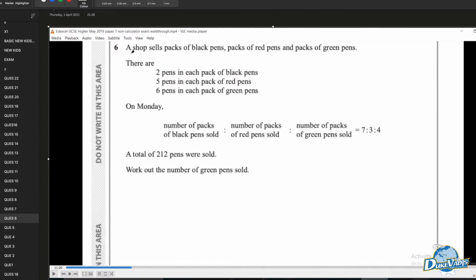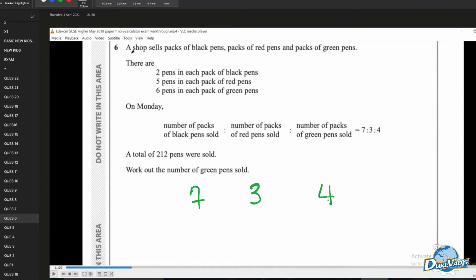So what do we do? First and foremost, we have the ratio. The first one is 7, the second one is 3, and the other one is 4. We should bear in mind that it is black, red, green.